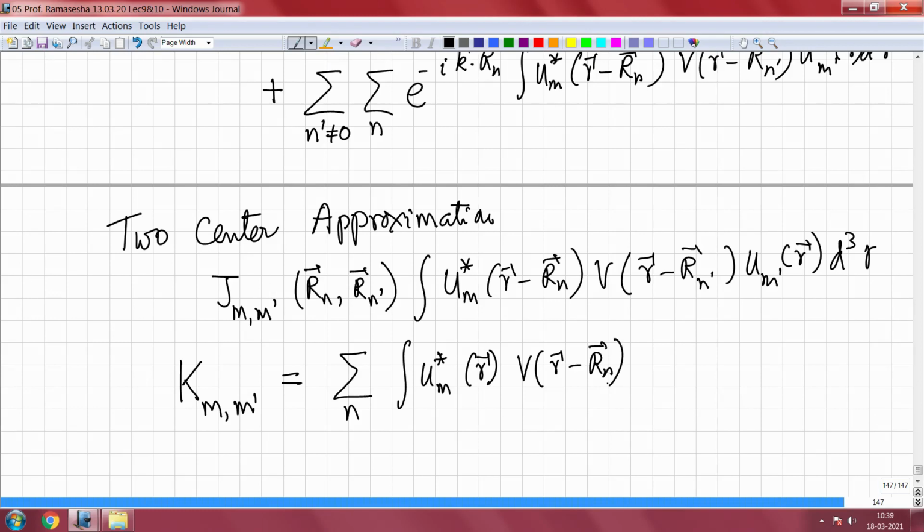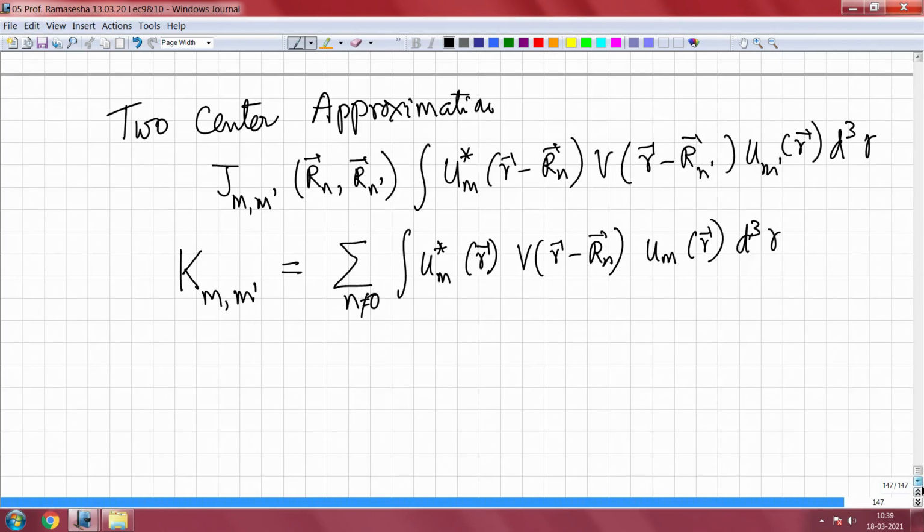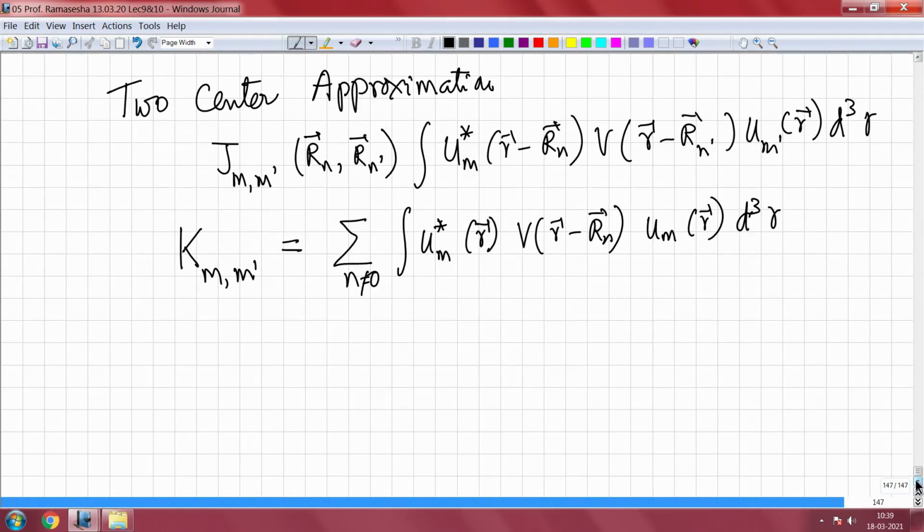So u m of r d cubed r, and again this n will be not equal to 0 because the one that is equal to 0 goes in the E naught part.